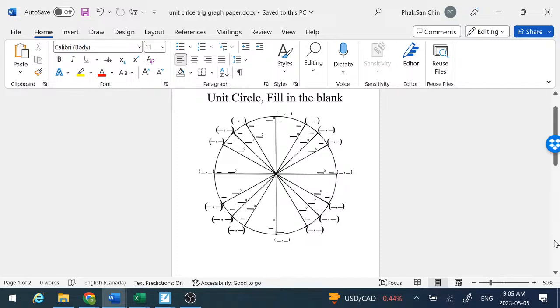What type of function? Nobody wants to guess? We already know how to graph that. A good guess. Sinusoidal. Yes. We're going to learn how to graph this.